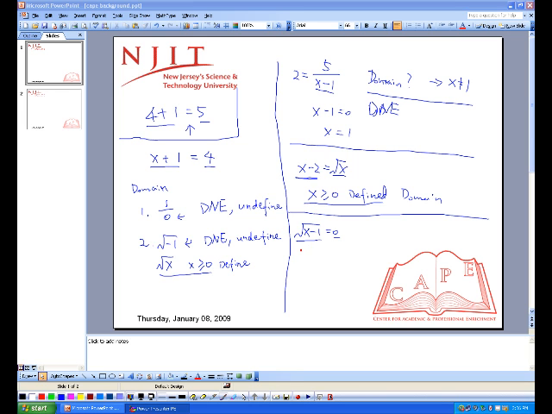So that means we can set x minus 1 is greater than or equal to 0. So that means x is greater than or equal to 1. And this will be our domain.